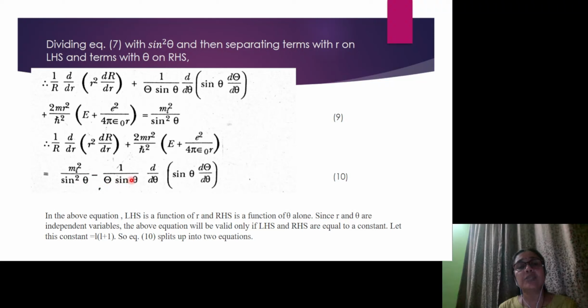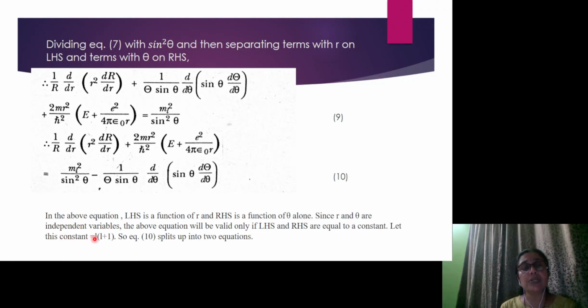Again with the same argument, LHS has only terms containing r, RHS has terms only containing theta, and because LHS is equal to RHS, this can happen only if both of them are separately equal to a constant.